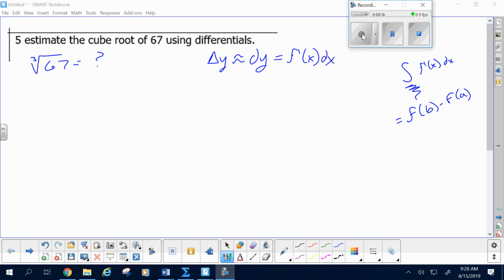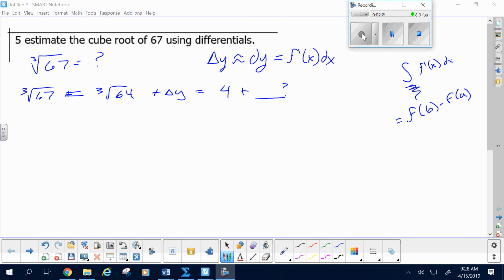So this cube root of 67 is like the cube root of 64 plus some change in going from 64 to 67, yeah? And so it's going to be like 4 plus some change, 4 and change, right?